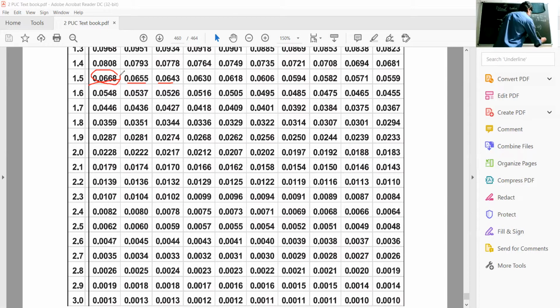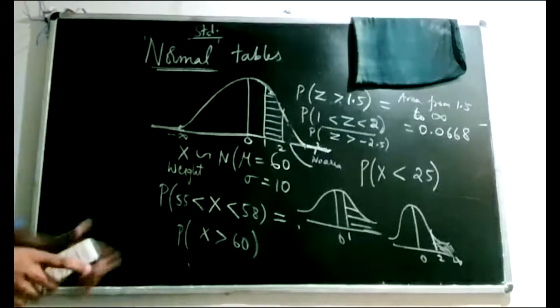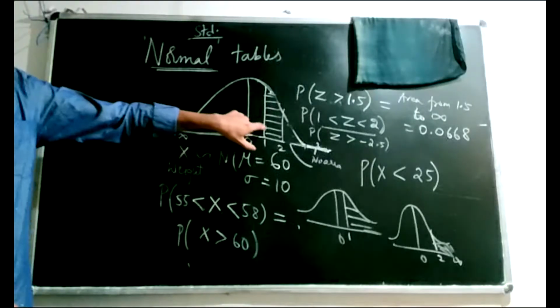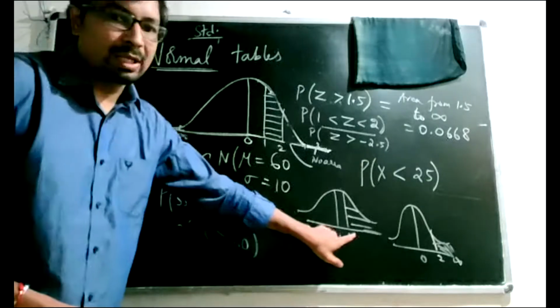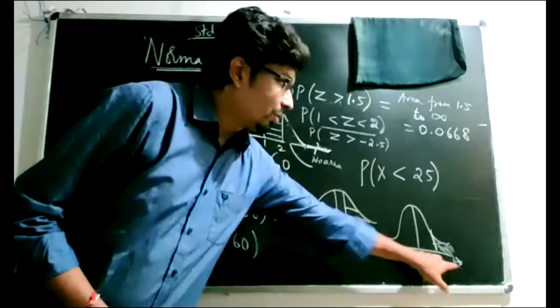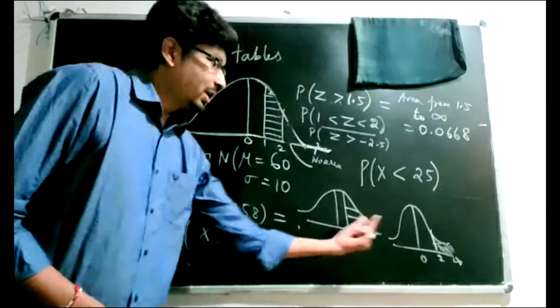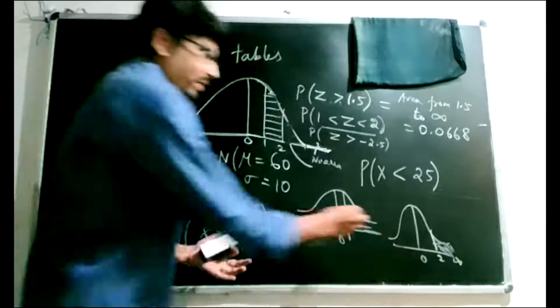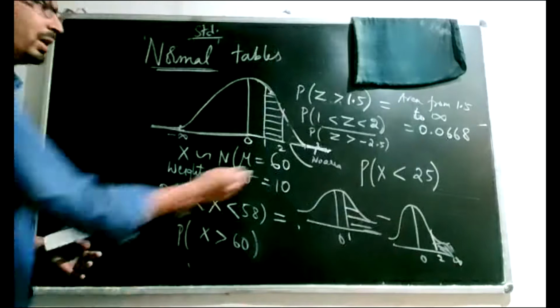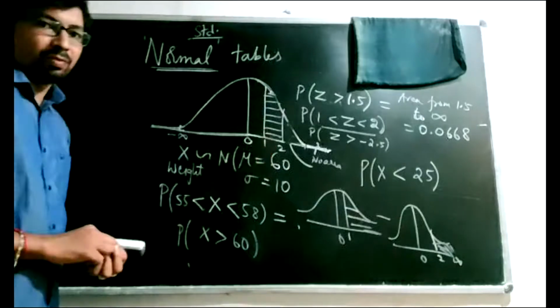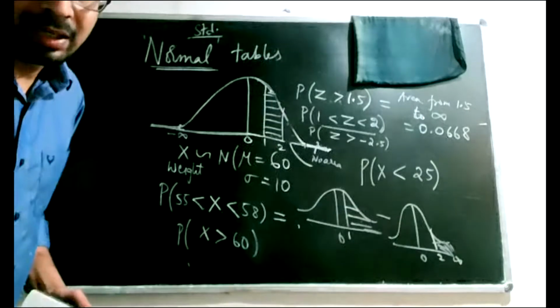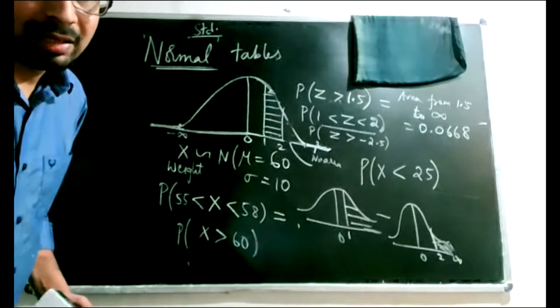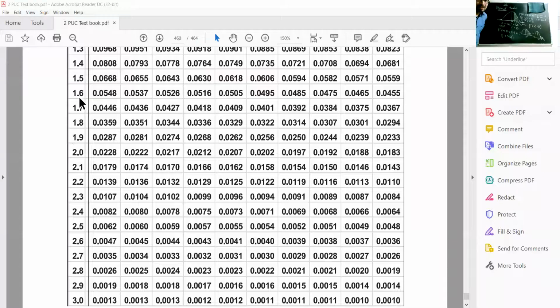If you pick a value at 2, your table is producing the area from 2 to infinity. Now you need an answer for between 1 and 2, but your table is producing 1 to infinity and 2 to infinity. So if you subtract 1 to infinity minus 2 to infinity, that will produce the area from 1 to 2. So see the table at 1, see the table at 2, and subtract.